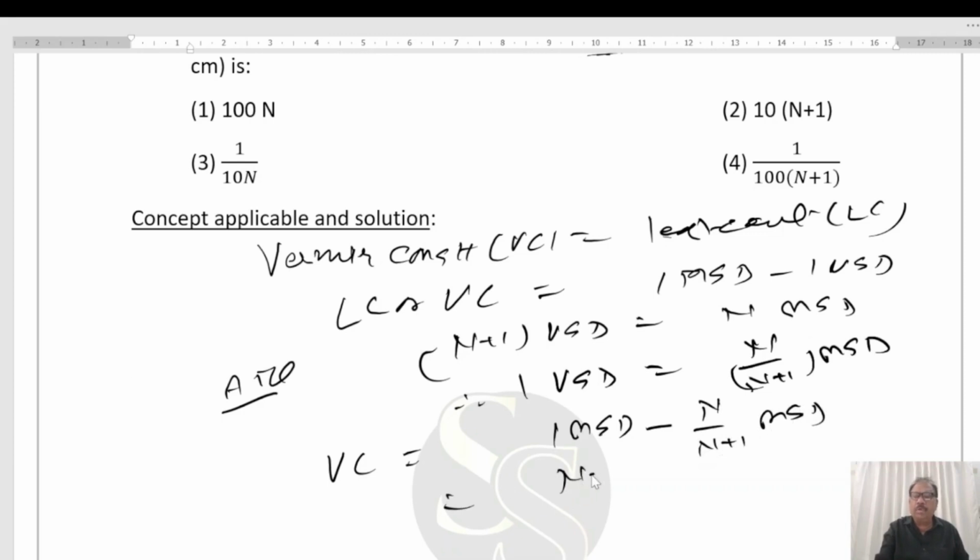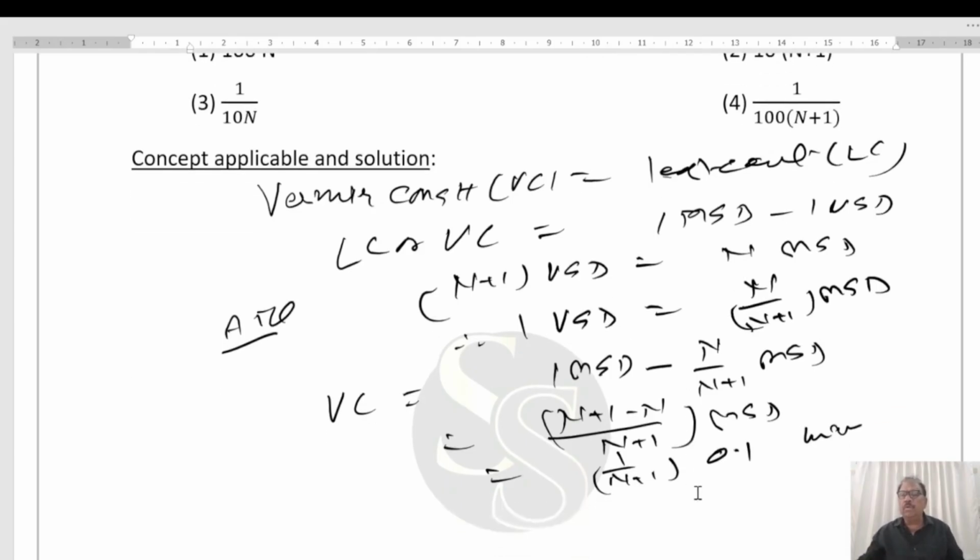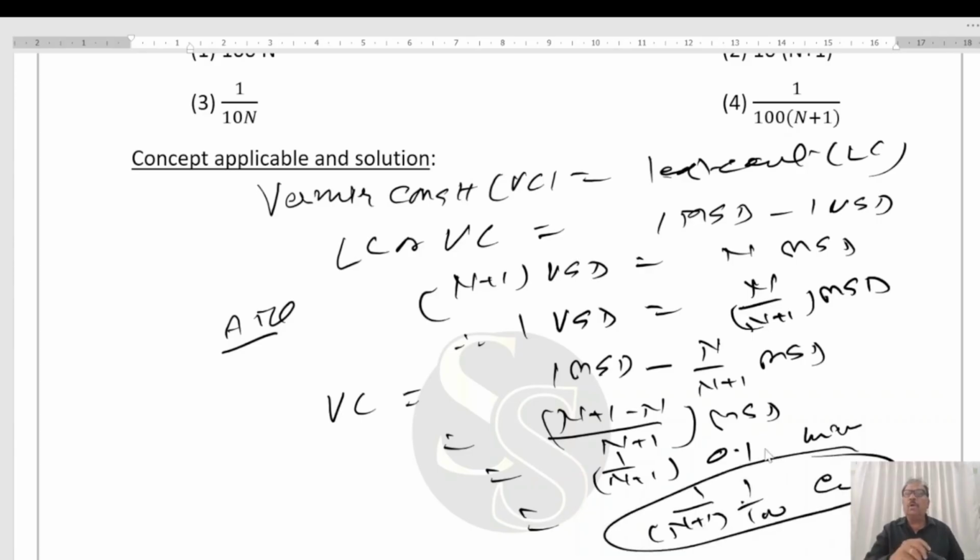So n plus 1 minus n divided by n plus 1 MSD. This is equal to 1 over n plus 1 into 0.1 mm. The answer is required in centimeter. This will be equal to 1 over n plus 1 into 1 by 100 centimeter. Option 4 is the correct answer, right?